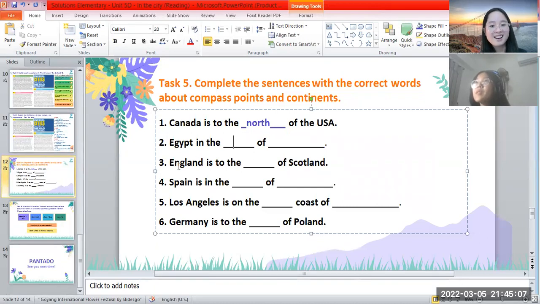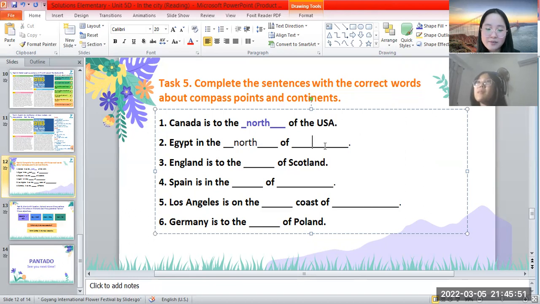Egypt in the... Egypt is in Africa, but is it in the north of Africa or in the south of Africa? The north. Yes.